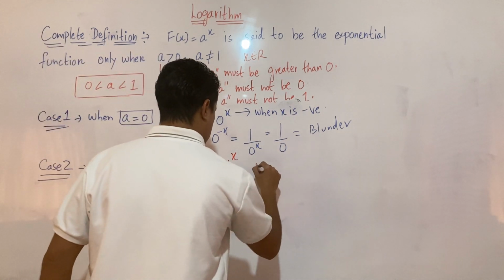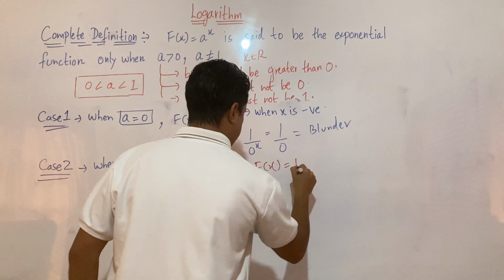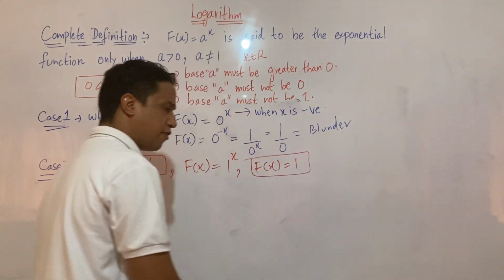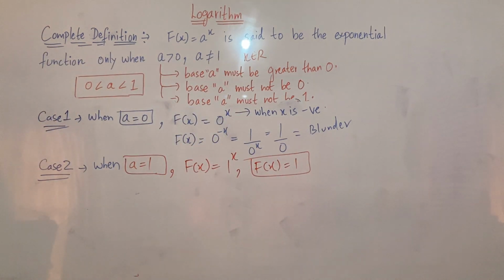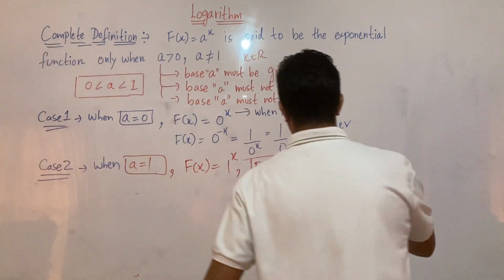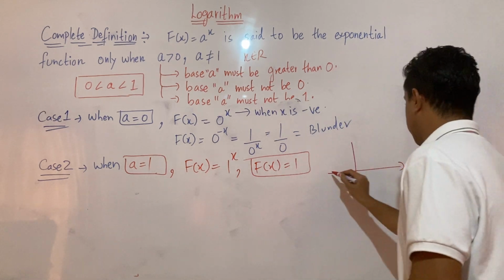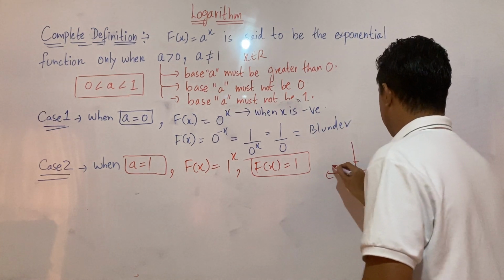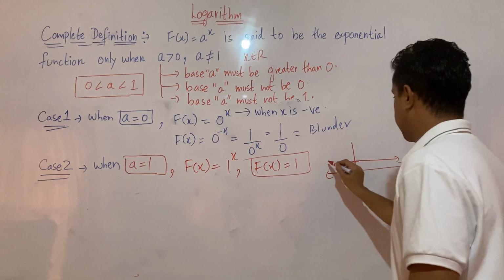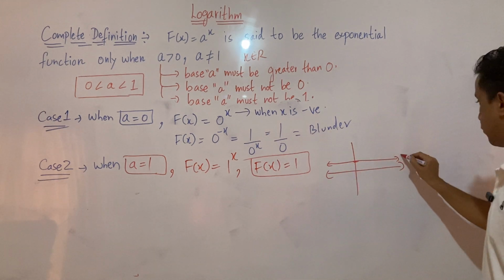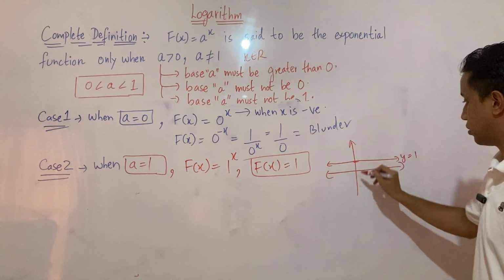So this is a constant function. If you make the graph for this, you will get a horizontal line, your y equals 1 horizontal line.